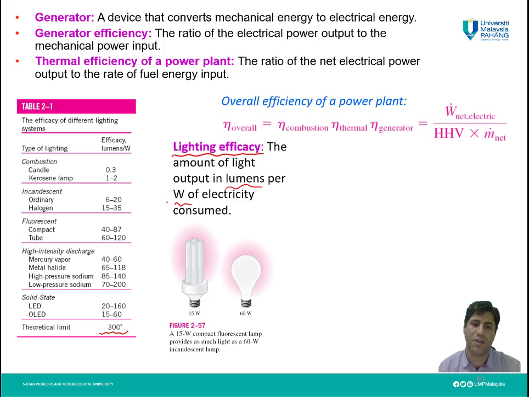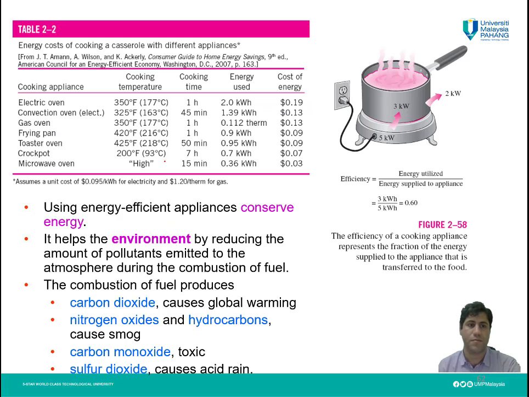But what is important here is that according to different lamp structures, the efficacy is different. With the same amount of electrical power, we can get more light by appropriate selection of the lamp.